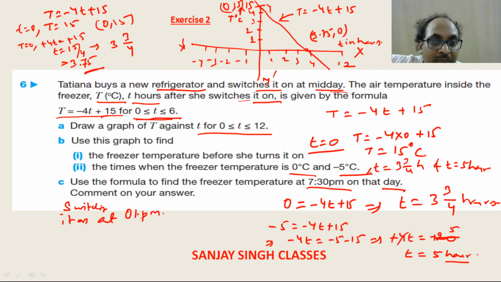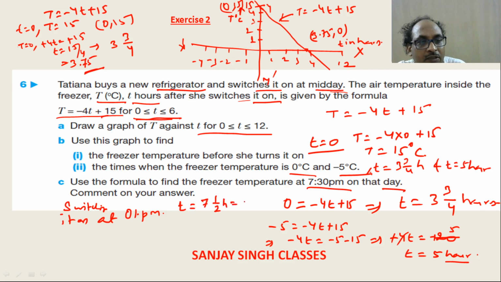It is given that maximum C is going for 6 hours. Okay, but it is 7:30 p.m. we need to find. It means t we can put as 7 hours 30 minutes, 7 1/2 hours is equal to 15 by 2 hours t. Then the temperature will be minus 4 into 15 by 2 plus 15.